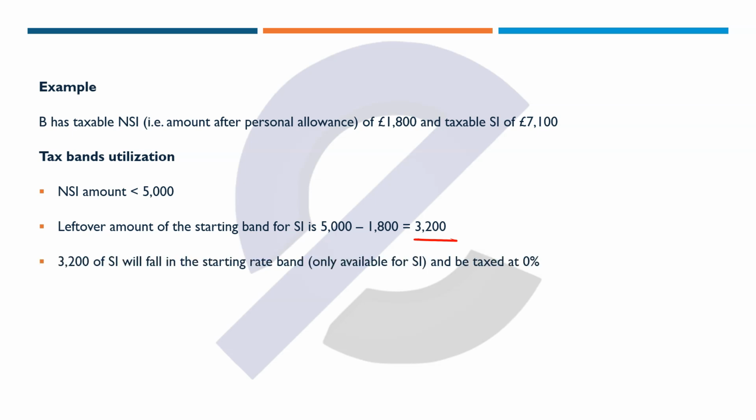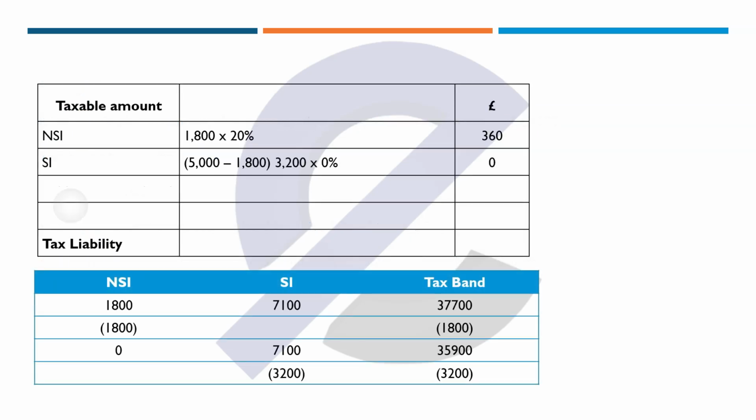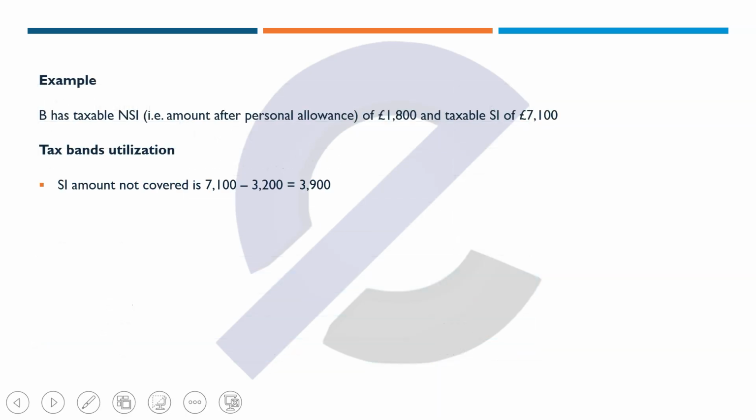This will be taxed at zero under the starting rate rule. So we've got zero tax liability on savings income so far, but we'll observe that £3,200 of savings income has now utilized the existing capacity of the basic rate band. B's leftover taxable savings income is £3,900.